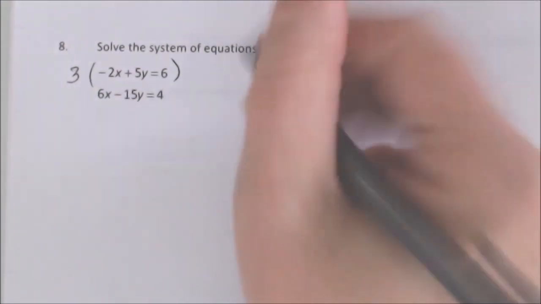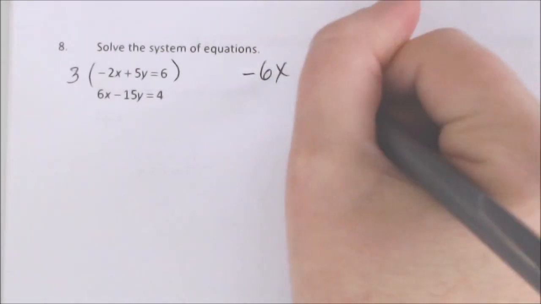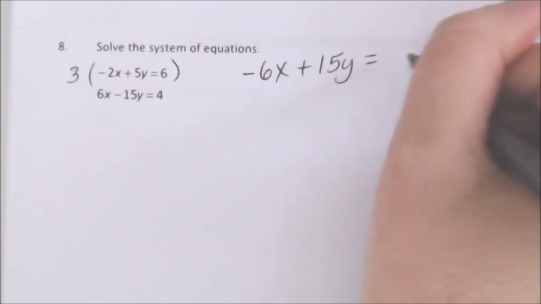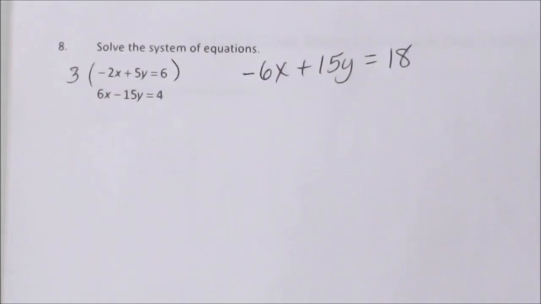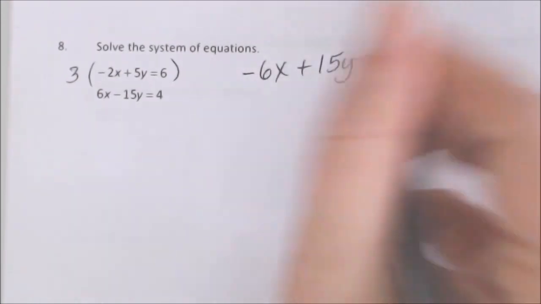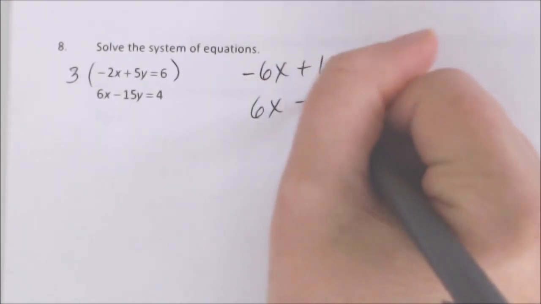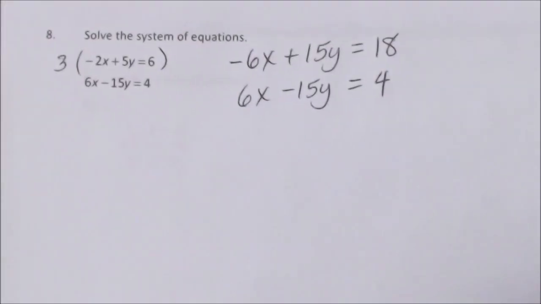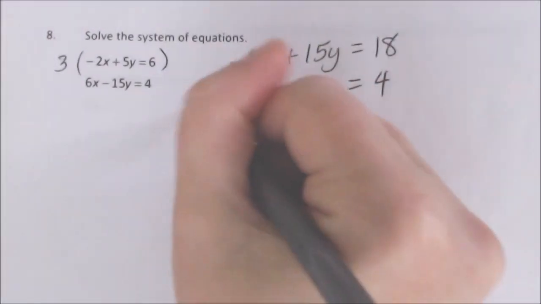So let's rewrite this. We get negative 6x plus 15y equals 18. Okay? And in the next line, we're going to have 6x minus 15y equals 4. Okay? So I'm going to add these two equations together.